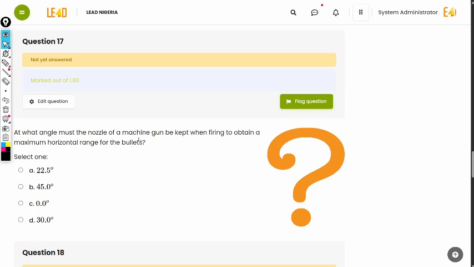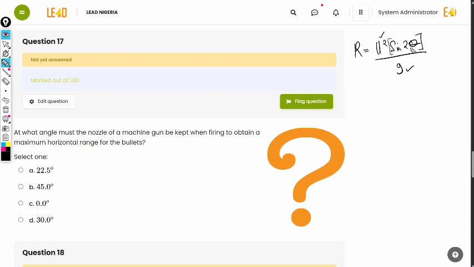So your formula for horizontal range is given by u squared sine 2 theta over g. g is constant, and u squared, your velocity, is constant too. We're not changing anything about the gun, we're just trying to vary the angle. So the question we really need to ask is, what value for theta makes sine 2 theta maximum?